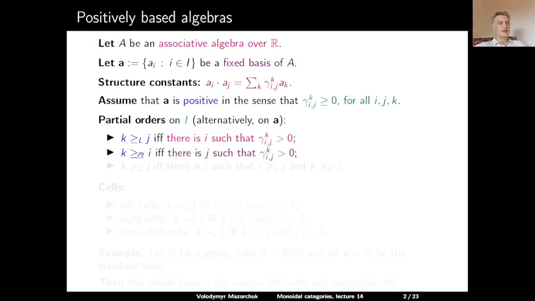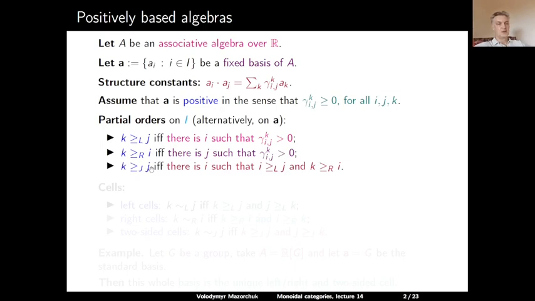Similarly, k is right greater than or equal to i if there is a j such that gamma_ijk is greater than 0, if and only if a_k appears with a non-zero coefficient in a_i multiplied on the right with some a_j.